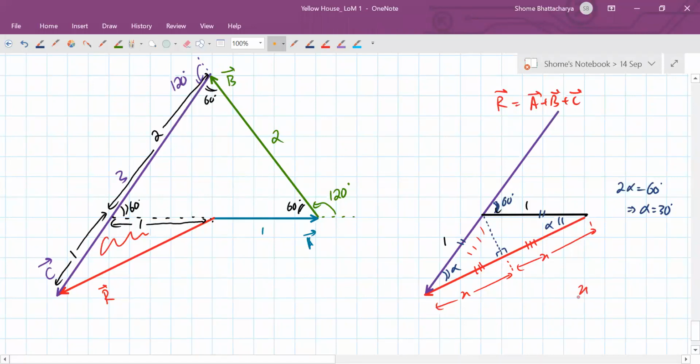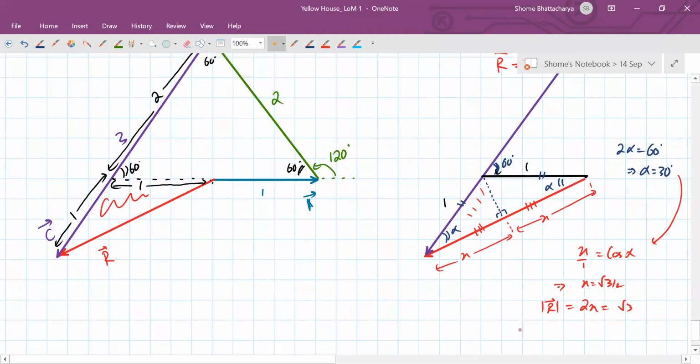So x by 1 is equal to cos alpha, and alpha is 30 degrees. So x will become root 3 by 2. So in your shape, the magnitude of r, which is 2x, is root 3. So the magnitude of r is nothing but the mod of A plus B plus C, and that comes out to be root 3.